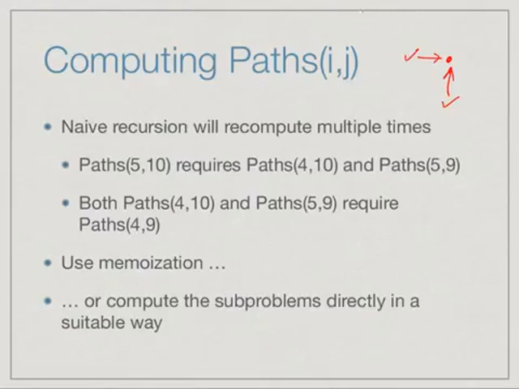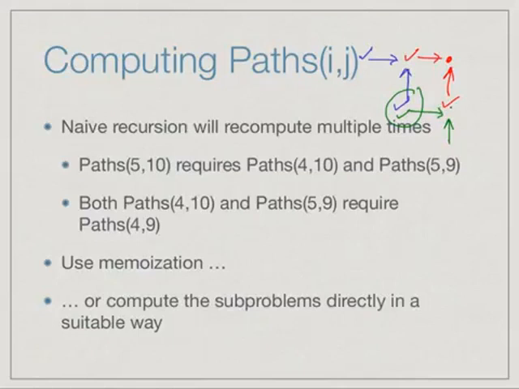But in turn, in order to compute (4, 10), I will have to compute whatever is to its left and below it. And in order to compute (5, 9), I will also have to compute what is to its left and below it. And now what we find is that this quantity, namely (4, 9), is computed twice. Once because of the left neighbor of (5, 10) and once because of the neighbor below (5, 10).